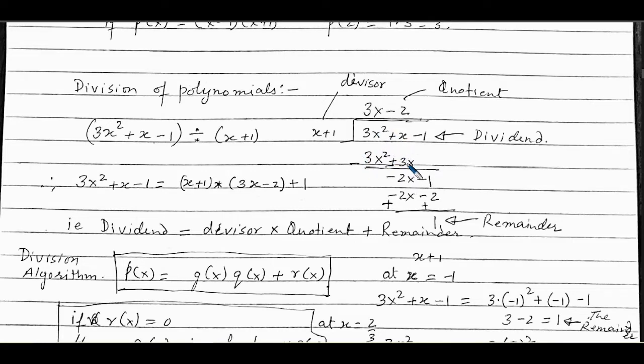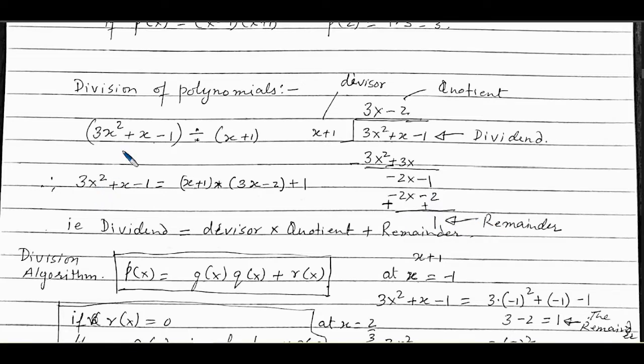So x minus 3x will be minus 2x, and this minus 1 I have brought down. Now to make it minus 2x, x into minus 2 gives minus 2x, because minus times minus of minus becomes plus, so plus 2x and minus 2x cancel. Minus 1 plus 2 is 1, so the remainder is 1.